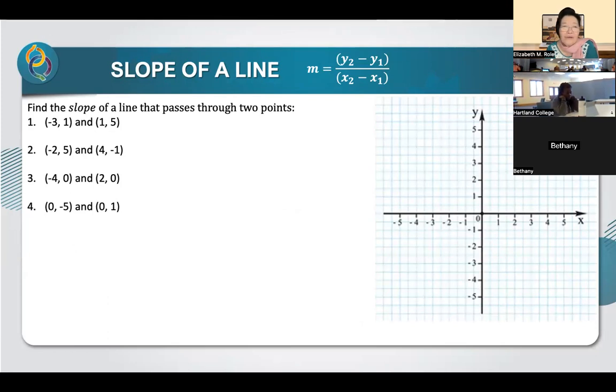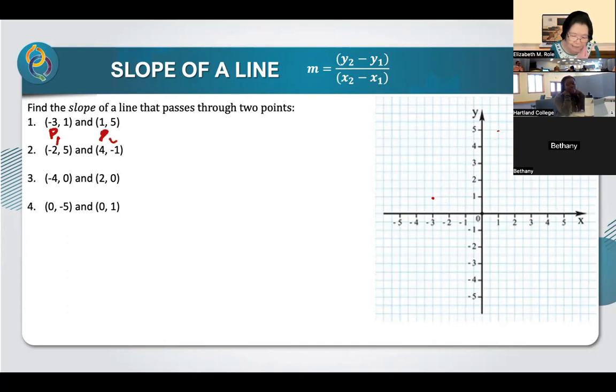All right. Now, if you have (-3, 4) and (1, 5), what will be the slope? I would always put this as point 1, point 2.